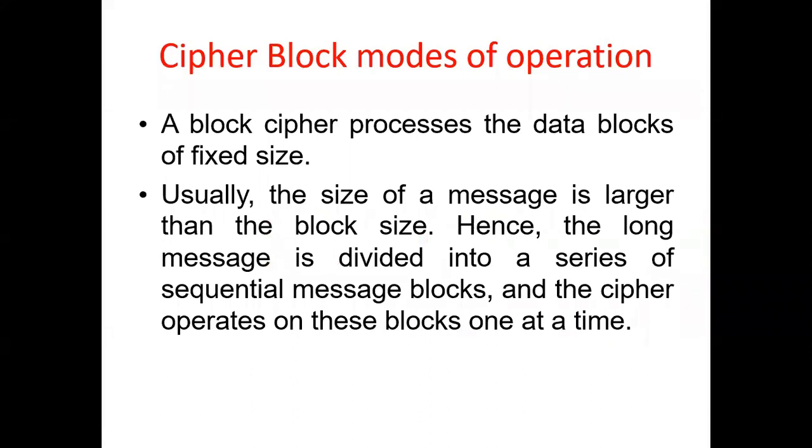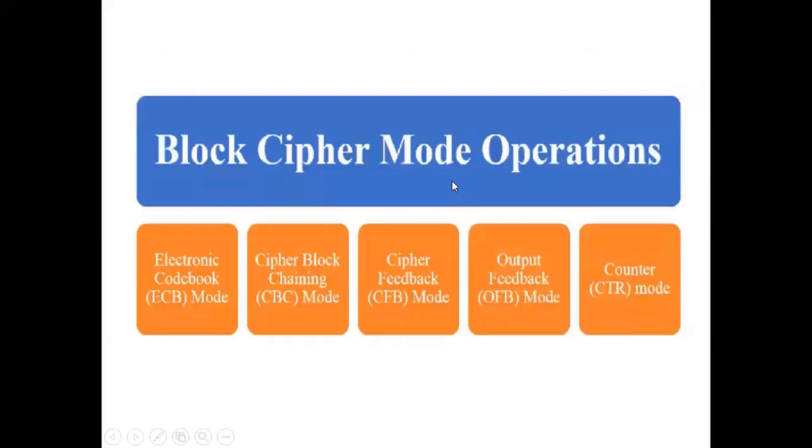If the size of the message is larger than the block size, we divide it into a number of sequential message blocks, and the cipher operates on these blocks one at a time. So at a time we can work on one block.